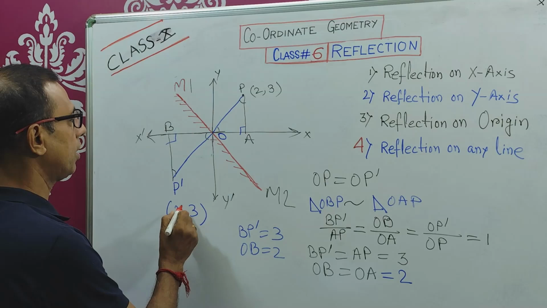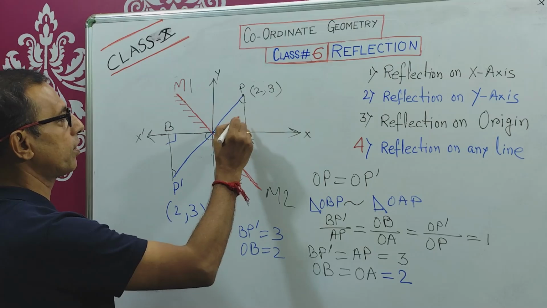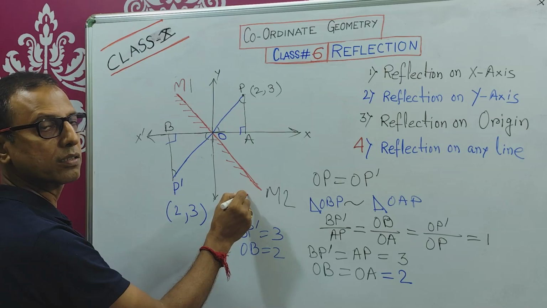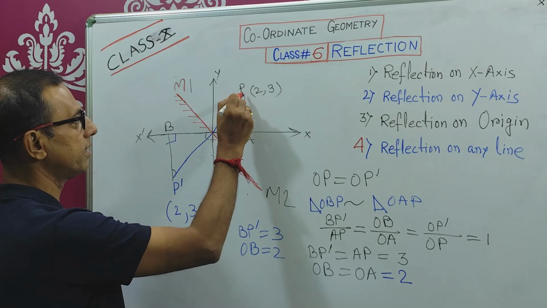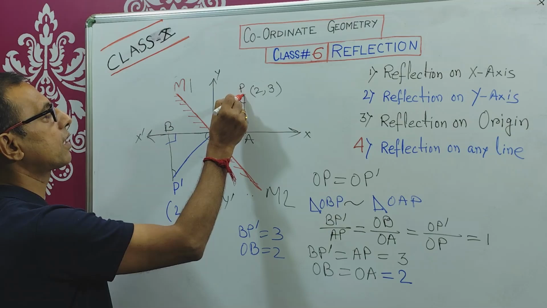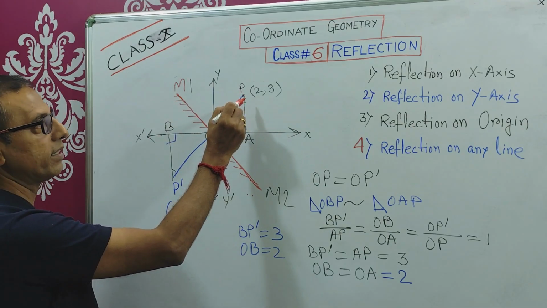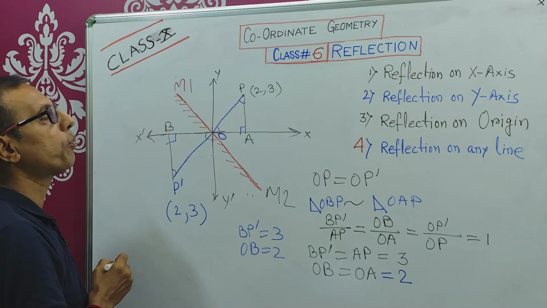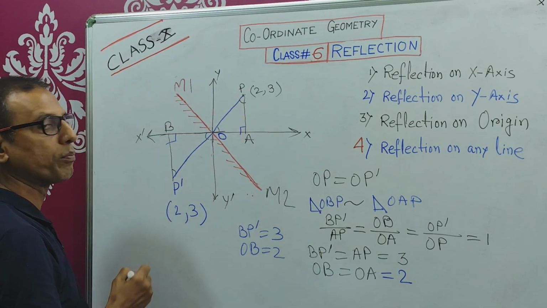For the x-axis mirror, it is coming below the x-axis. When the y-axis is the mirror plane, it is coming to the left side of the y-axis. But for the origin as the mirror, it is coming to the opposite quadrant, not the adjacent quadrant.